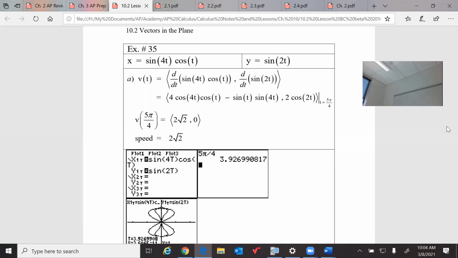Ready? At 5 pi over 4, the cosine's negative and the sine's positive. They're both root 2 over 2. So you would end up with root 2 over 2, 0, because you're doubling 5 pi over 4 when you have 2t.